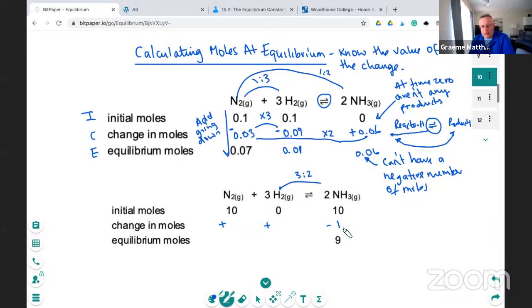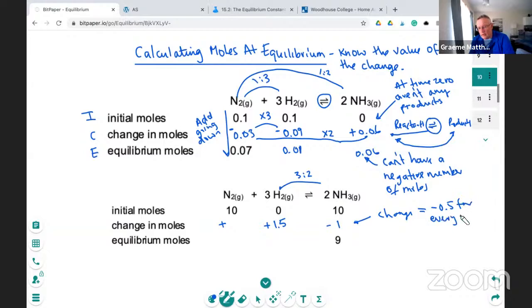All right, so I'm thinking, well, it's a 3-to-2, so minus 1 times 3 over 2 is 1.5. And in my mind, I'm just saying that the change right here, well, if it's -1 for 2 of them, then it's -0.5 for every mole.